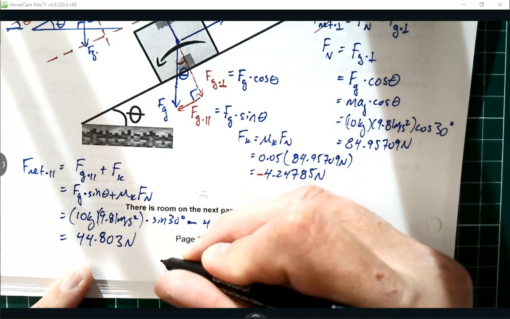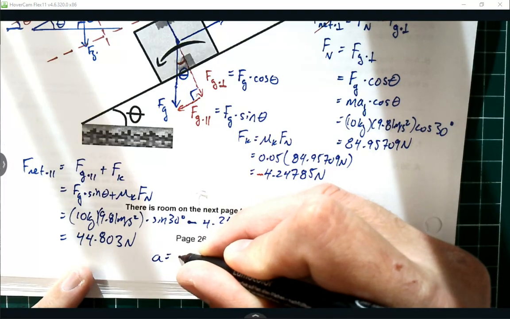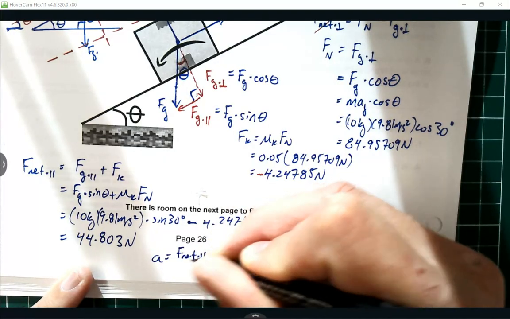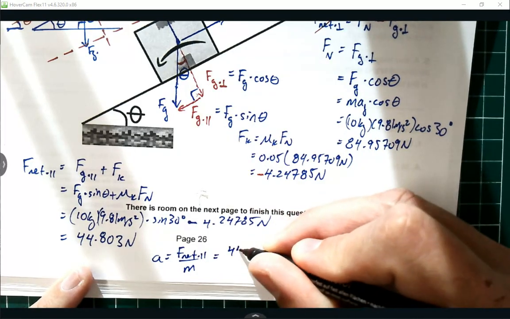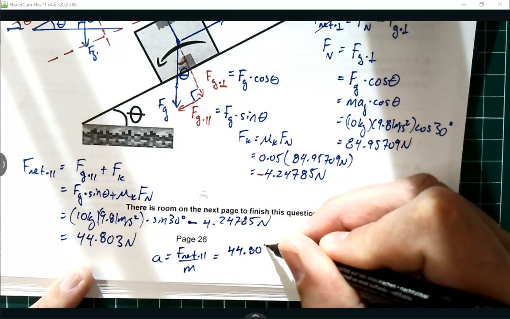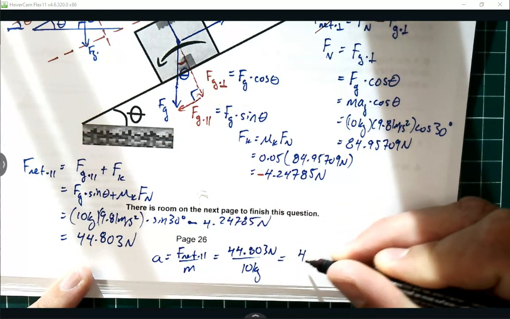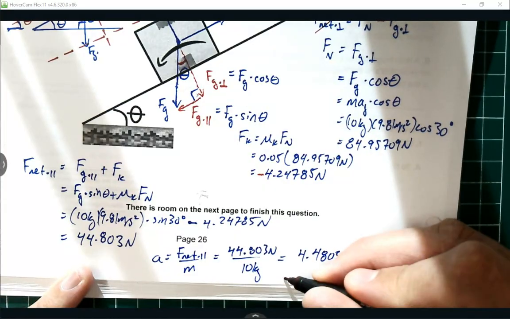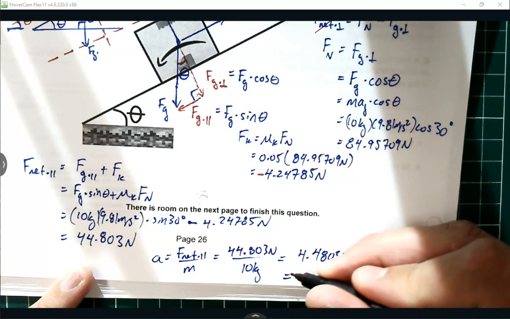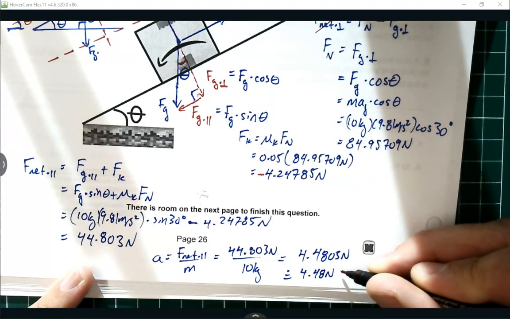So we could say acceleration is equal to, we can call it the acceleration of the system, but it's just one body, F net parallel over the mass of the system. 44.803 newtons divided by 10 kilograms, and we end up getting 4.4803. I think we only had 3 sig figs to start with here, so 4.48.